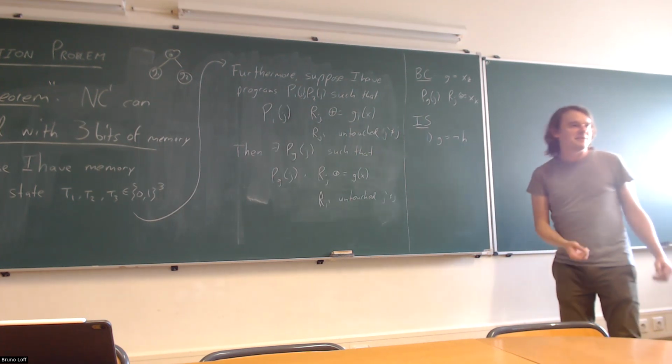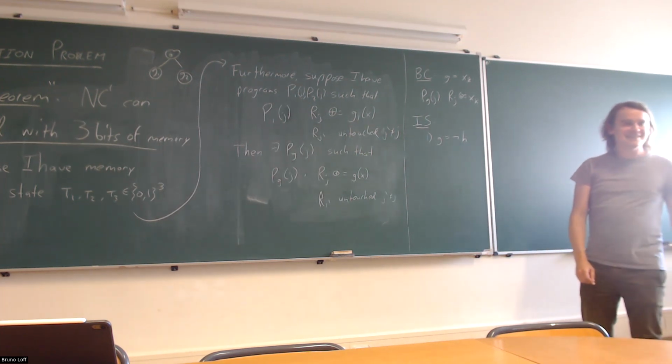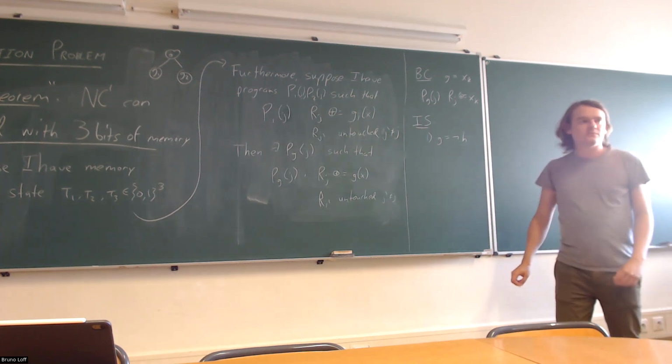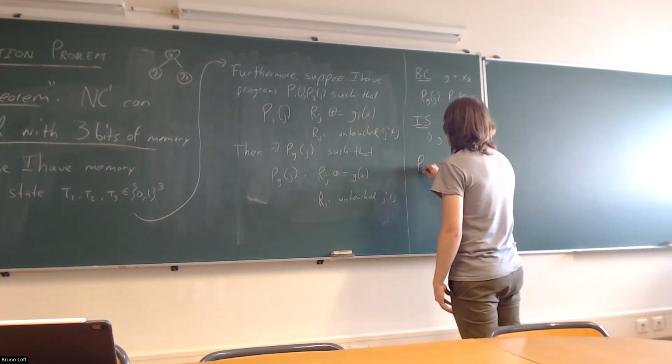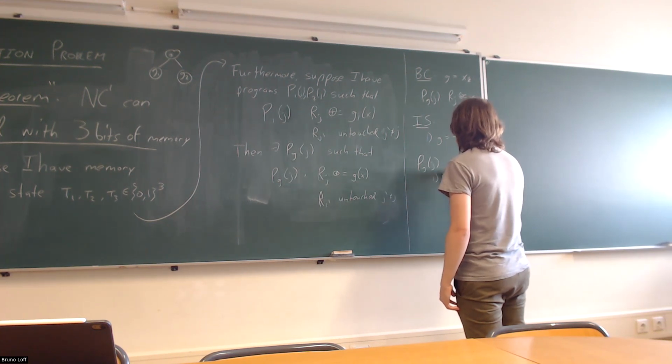It's like 2 lines. Anyone who hasn't heard papers on this? Yeah, exactly. So P of G of J is as follows. First, you execute P of H on J, and second, you just take RJ and you add 1.